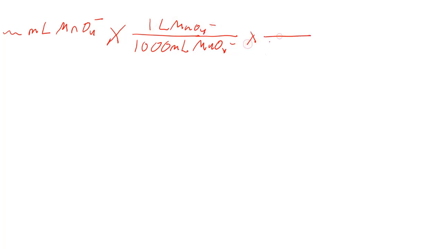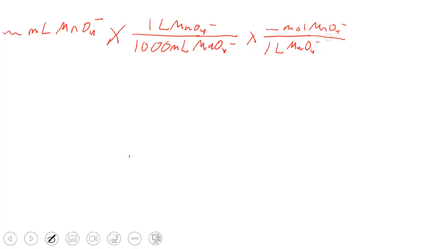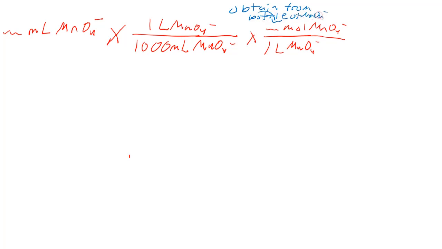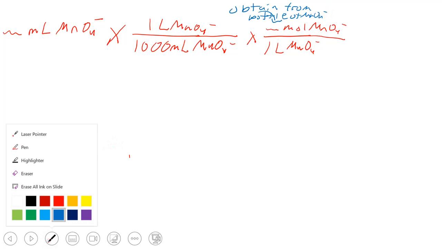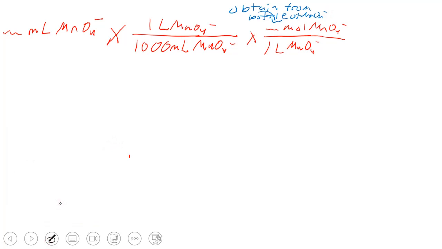And then 1 liter of MnO4-. And you're going to fill in whatever your concentration of potassium permanganate is. So this number here, you're going to obtain from the bottle, and you're going to fill in your molarity there.